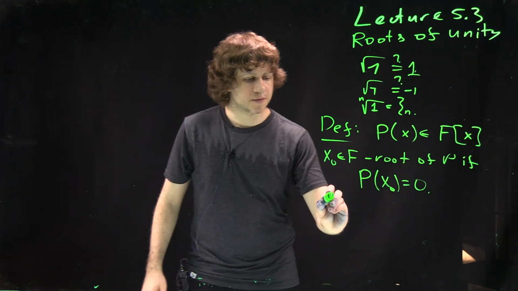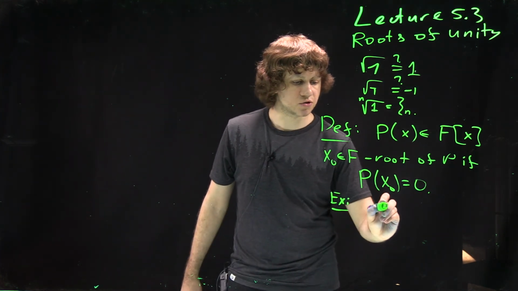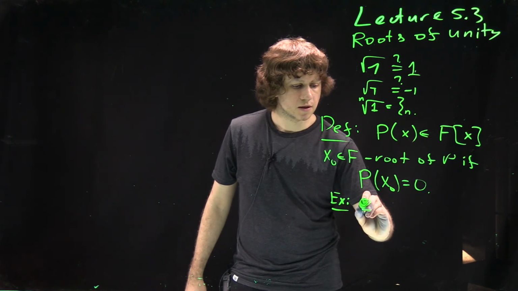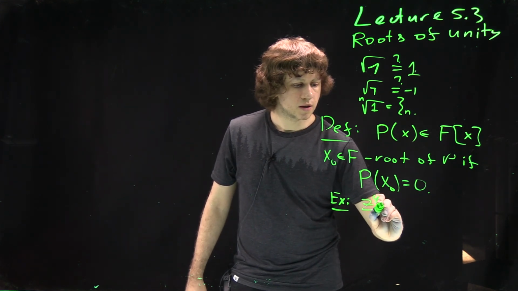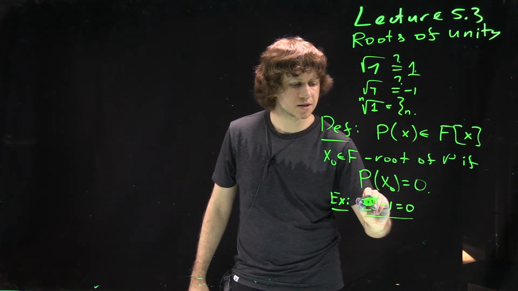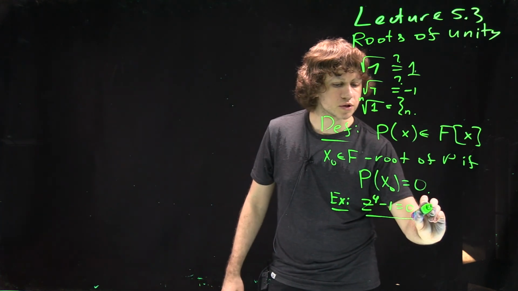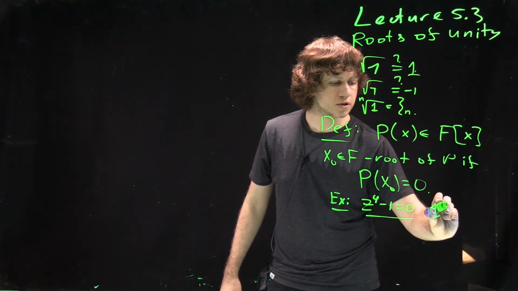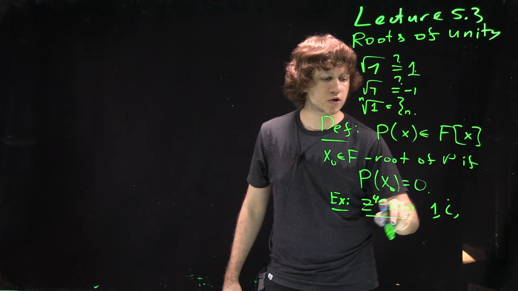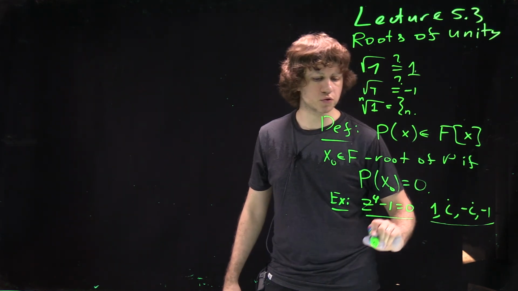As an example, let me do something slightly less trivial. If you have z to the power 4 minus 1 equal to 0, this is exactly the fourth roots of 1. Then you have 4 solutions: solution 1, solution i, because i squared is -1 and i to the power 4 is 1 again, you have -i, and you have -1. So it has 4 roots.